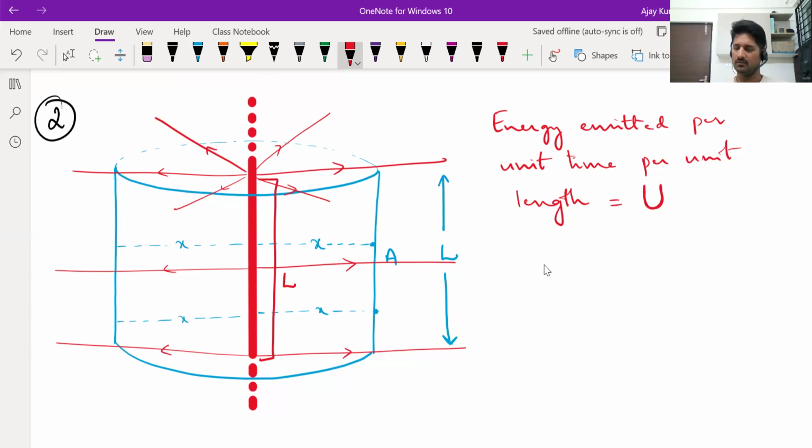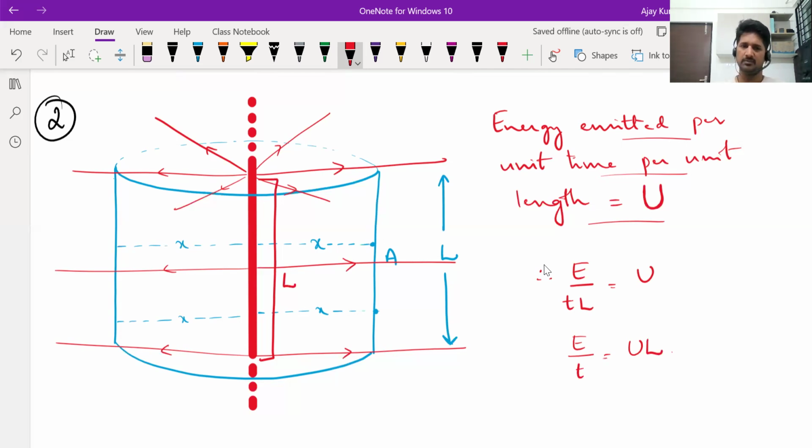Whatever energy is emitted by this length of the source, that energy passes through this cylindrical surface. Now energy emitted per unit time per unit length is U. Therefore, energy per unit time would be U into L. That is the energy emitted per unit time by the part of the source which is trapped inside the cylinder.